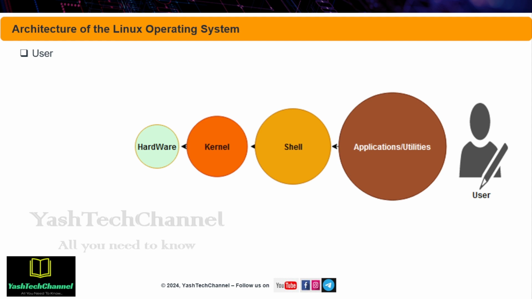So first it starts with the user. User means who? As an end user, you are the user, and you need to deal with your system, and you want to write some program, or you want to store some program, or you want to design something and store it in your PC or server. Then as a user, you need to initiate your first connection. In the sense, you might be opening your PuTTY.